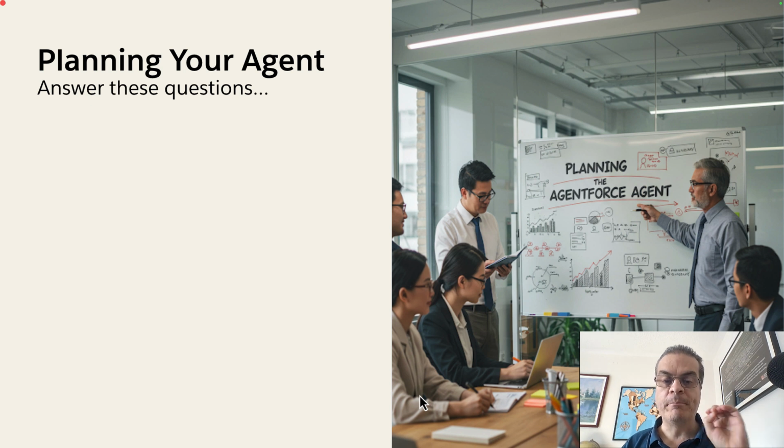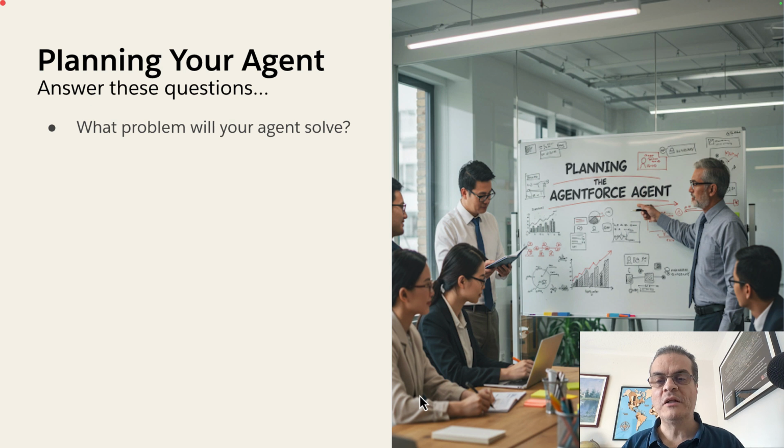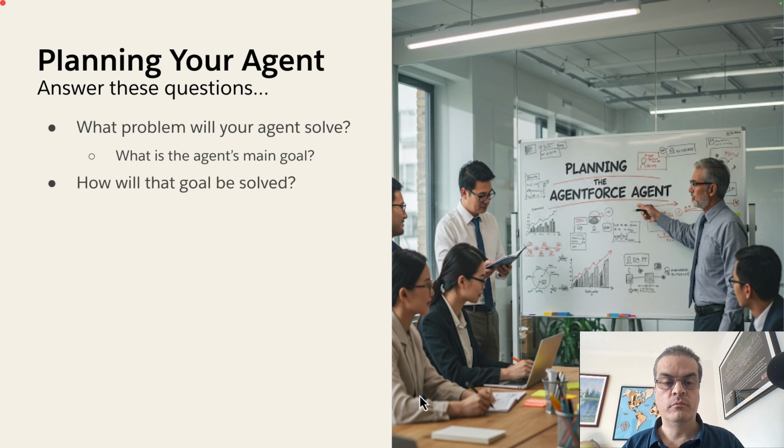So when you're in the planning stage, you gotta answer these questions. What problem will your agent solve? What is the agent's main goal? How will that goal be solved?